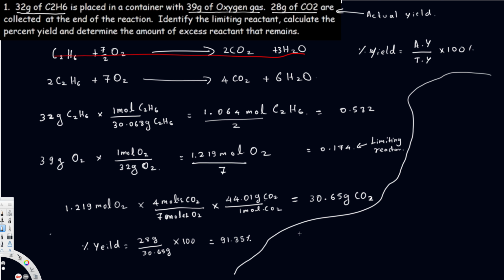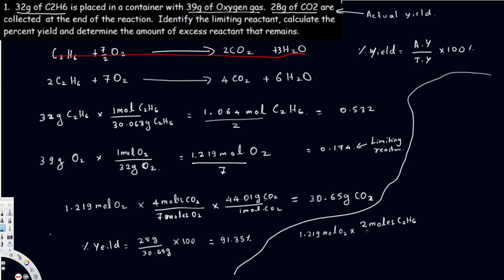To calculate that, we simply take this 1.219 mole of O2 and multiply by the mole ratio of C2H6 and O2. Whatever we are trying to find is going to be on top. Here we are trying to find the C2H6 moles, so that's going to be on top: 2 moles of C2H6.